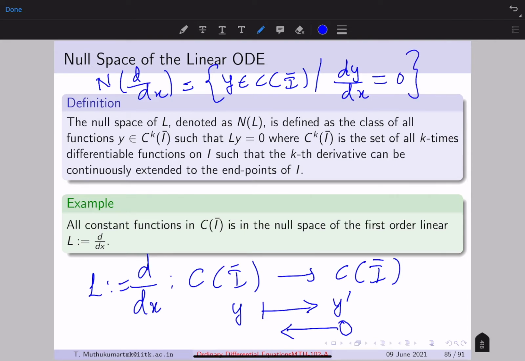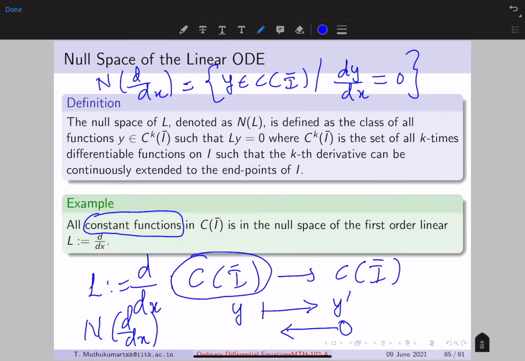Now what are those? Precisely the constant functions, right? Because you know from the fundamental theorem of calculus that if dy by dx is equal to 0, then all possible values of y are constants. So the null space of d by dx, which is a subset of this domain, is all constant functions.